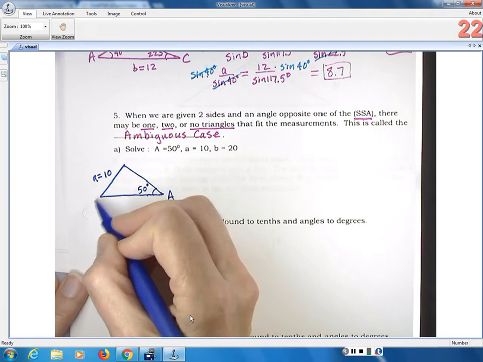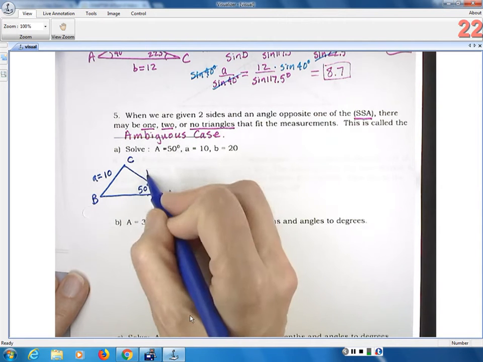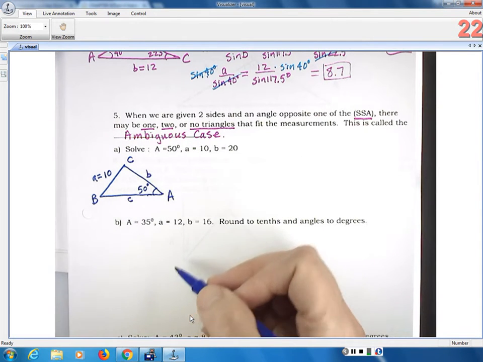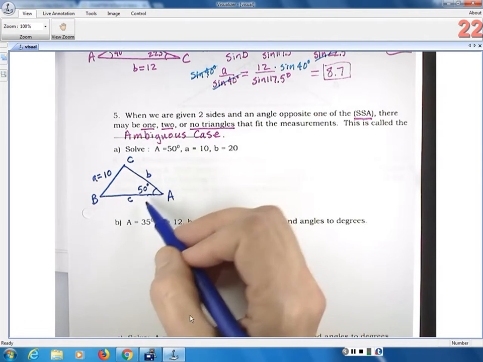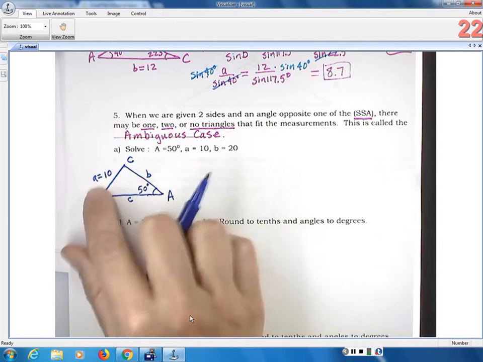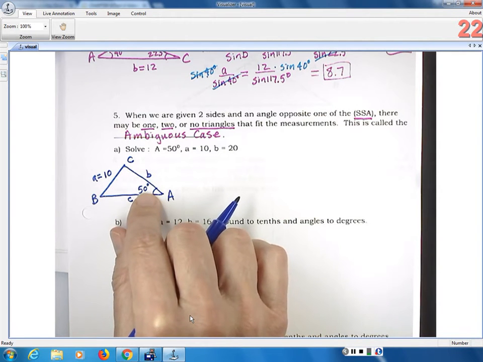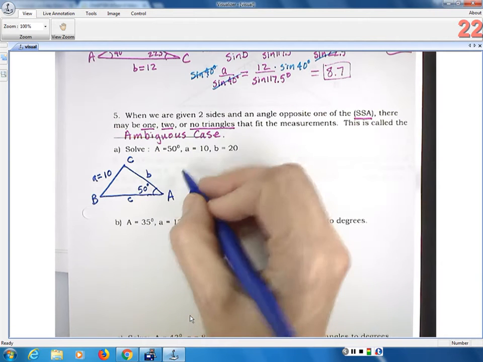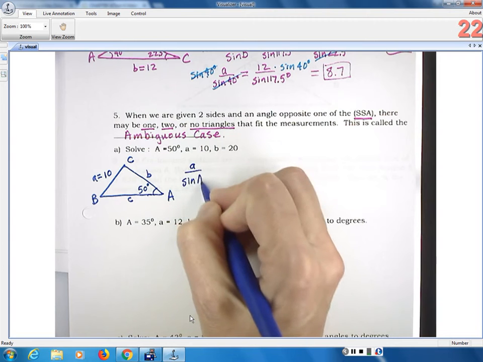B, C, small b. Okay, so we got an angle. So we know A over sine A. That's known.